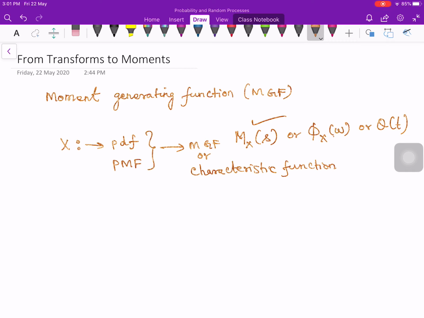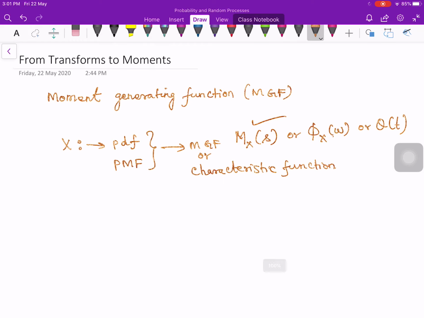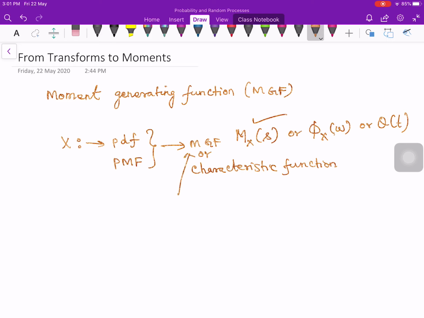Okay, so now once you know this moment generating function, from this I can easily compute various moments of the random variable.